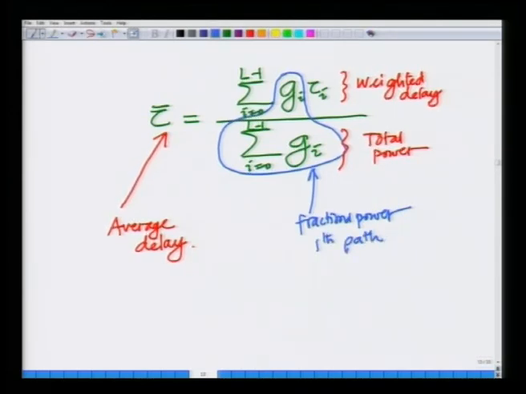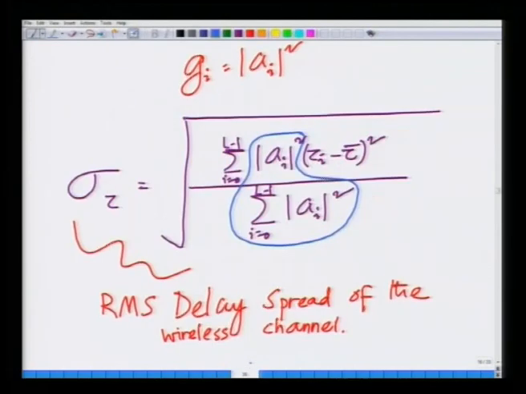I am taking the fractional power, multiplying it by the delay, so I am computing the weighted delay, which is the average delay tau bar. Then I can compute my delay spread as the square root of the summation of the fractional power times the deviation (tau_i minus tau bar) squared. That gives me the root mean square delay spread.